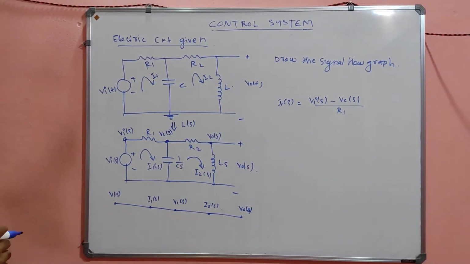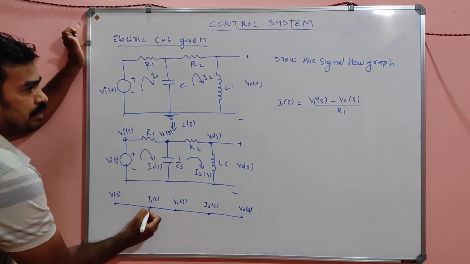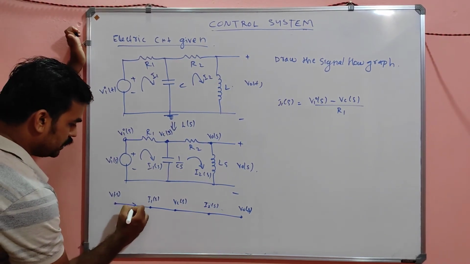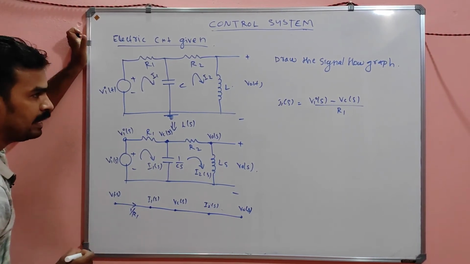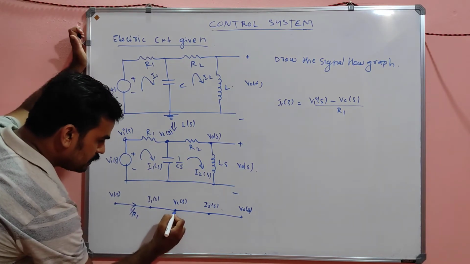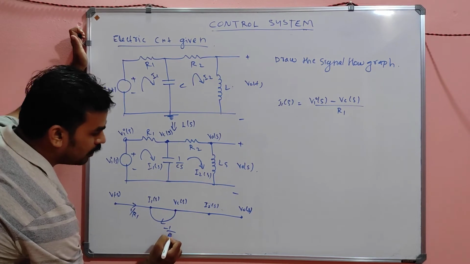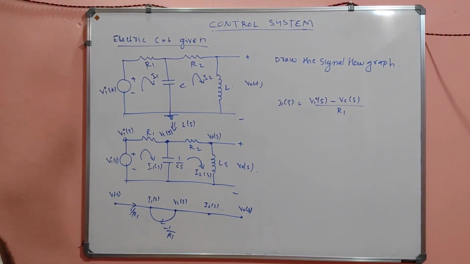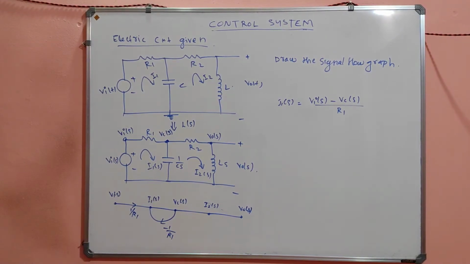So I1 of S can be formed by Vi of S into 1 by R1, minus Vc of S by R1, so minus 1 by R1. See how I arrived?